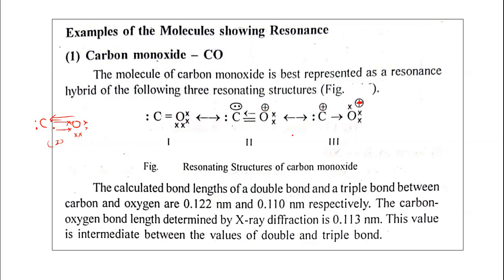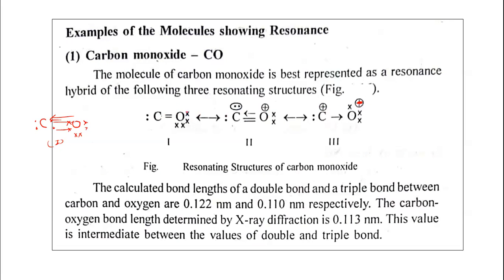And as the electrons shift towards the oxygen atom, carbon acquires the positive charge. The bond breaks here and the electrons are shifted here, so there is a positive charge on the carbon. This is the third resonating structure.